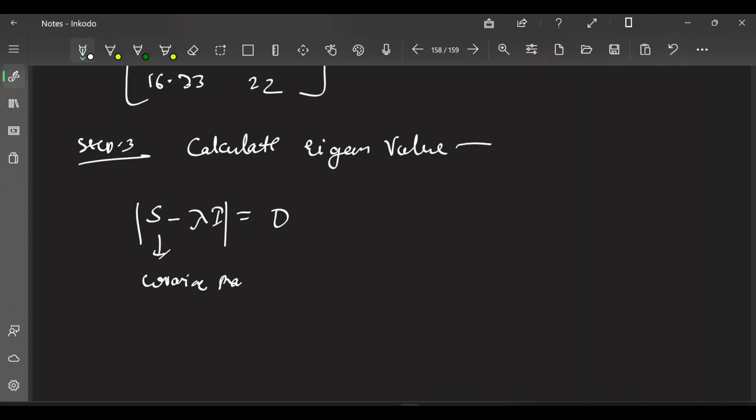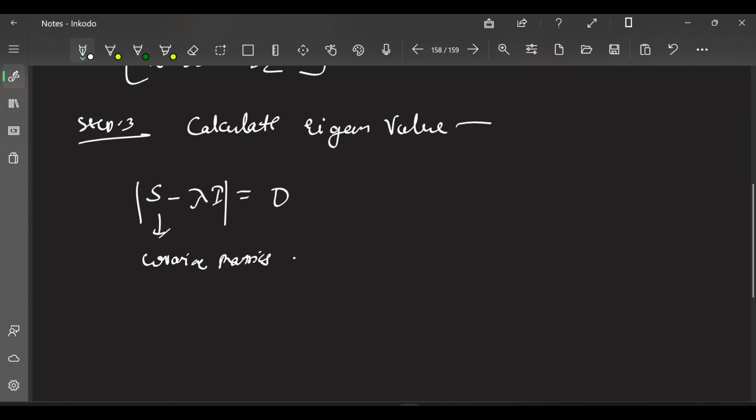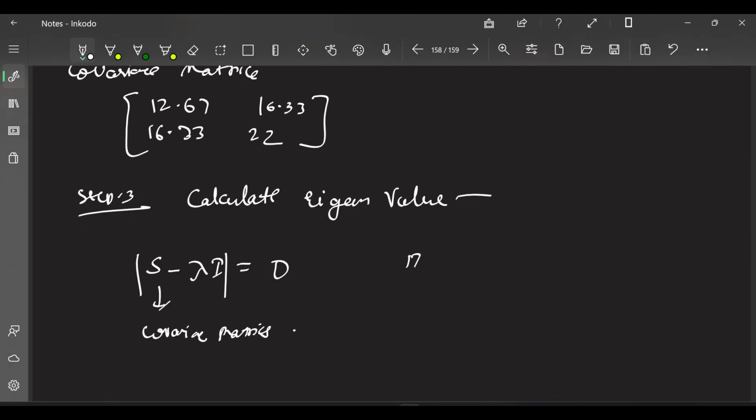So when we do it, we will get the matrix: 12.67 minus lambda, 16.33, 16.33 and 22 minus lambda, is equal to 0.